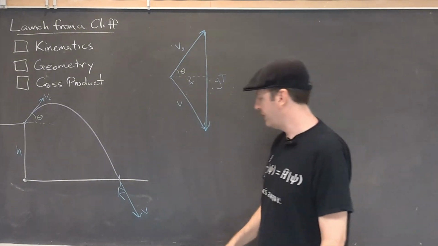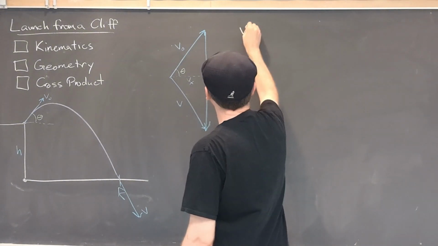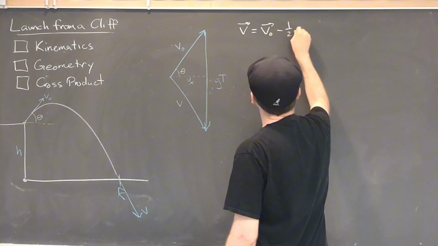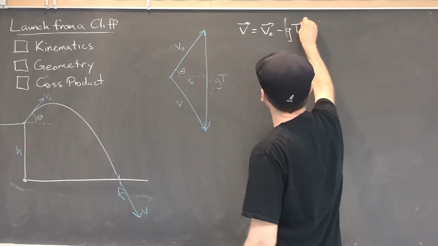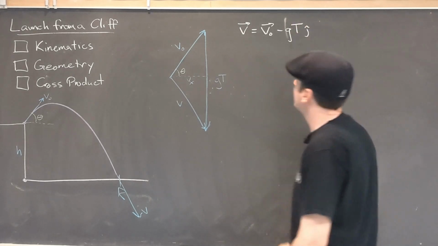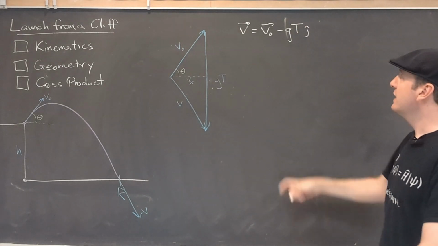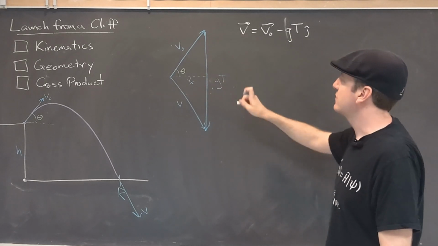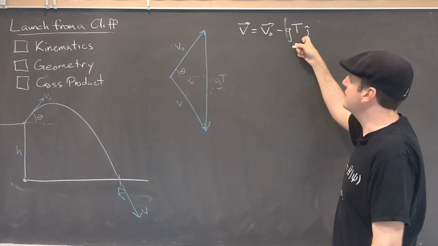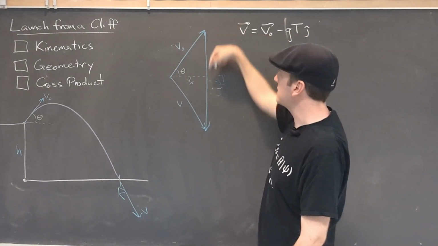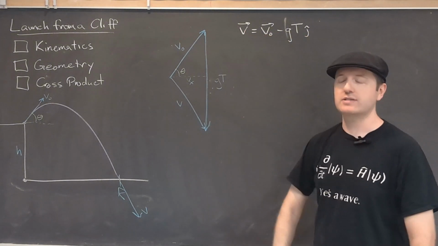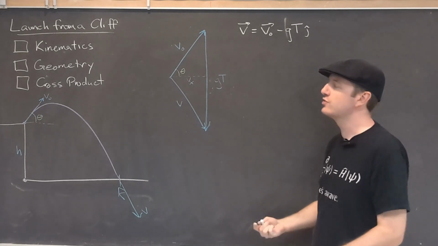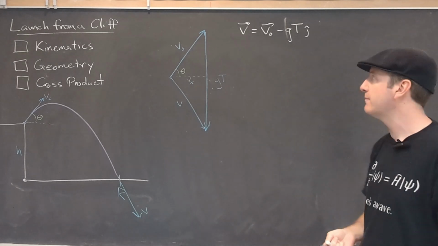And notice that we know the vector equation v equals v naught minus g t j hat, with j hat the negative y direction, describes the velocity as a function of time. And this is purely in the vertical direction. g times t is the deflection. It's the amount the velocity has picked up in the y direction by virtue of the acceleration due to gravity.